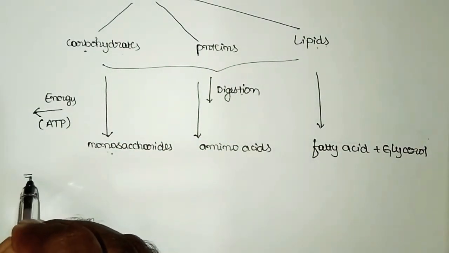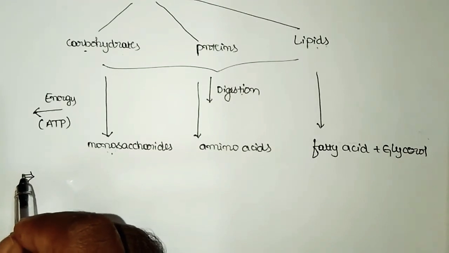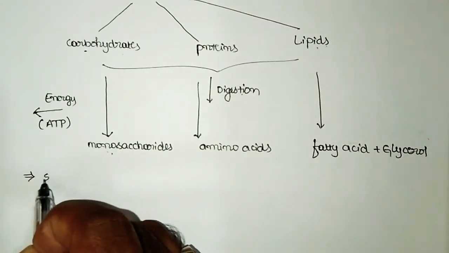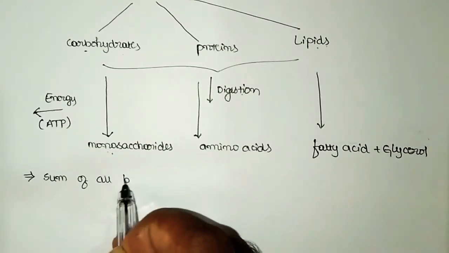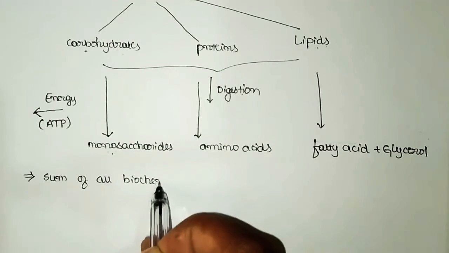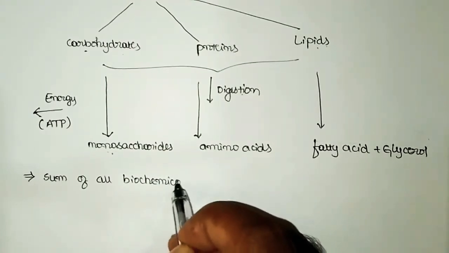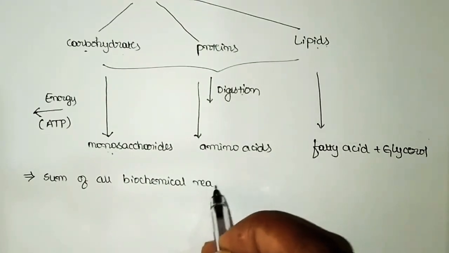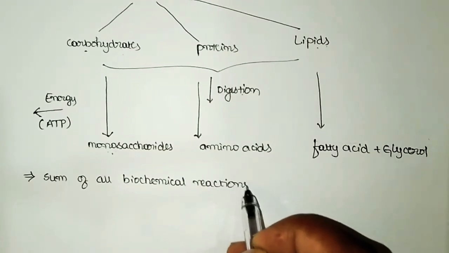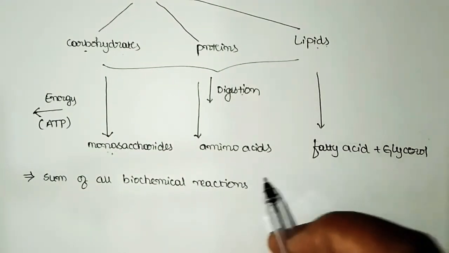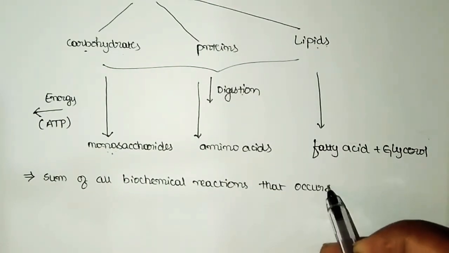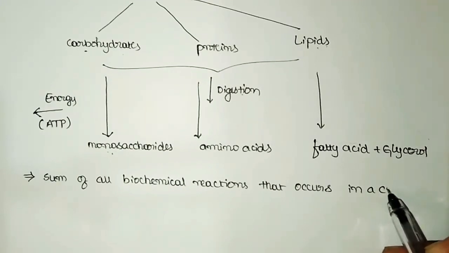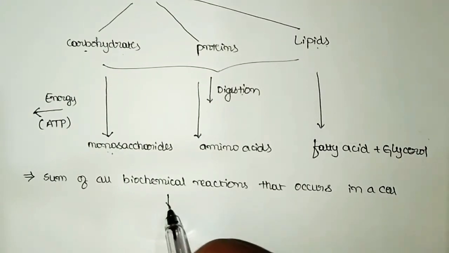That means, if you want to give the simplest definition for metabolism, metabolism is the sum of all biochemical reactions that occur in a cell. The sum of all biochemical reactions that occur in a cell is collectively called metabolism.